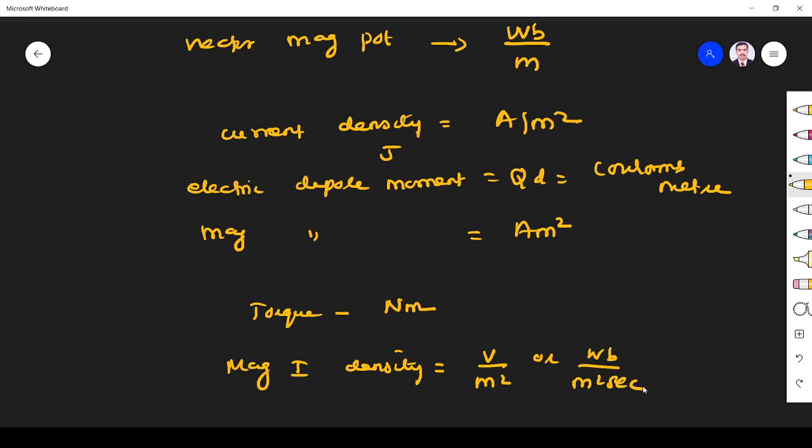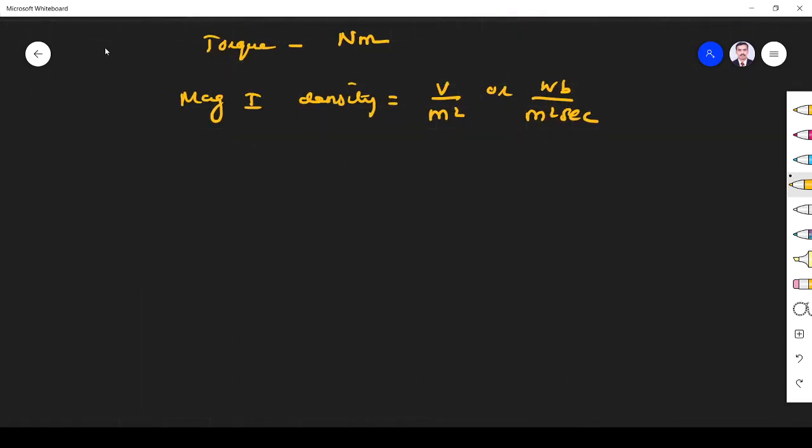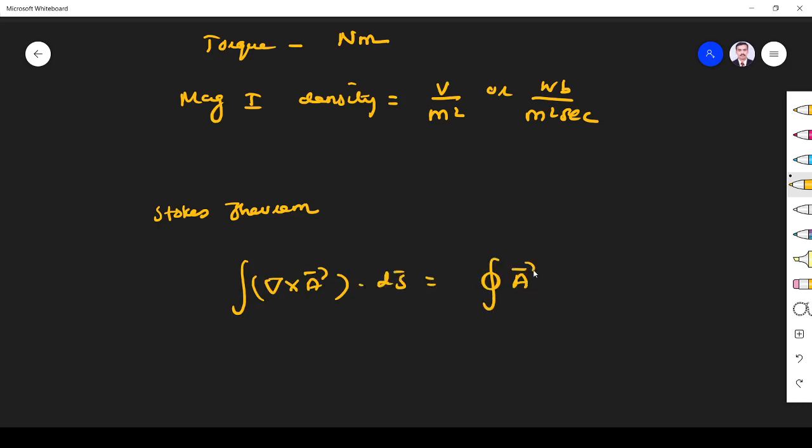Right? So those things we must know. And another thing we must remember is Stokes Theorem. Fine. Stokes Theorem relates line and surface integral: the integral of del cross A dot ds is equal to the integral of A dot dl. This is surface, this is line.